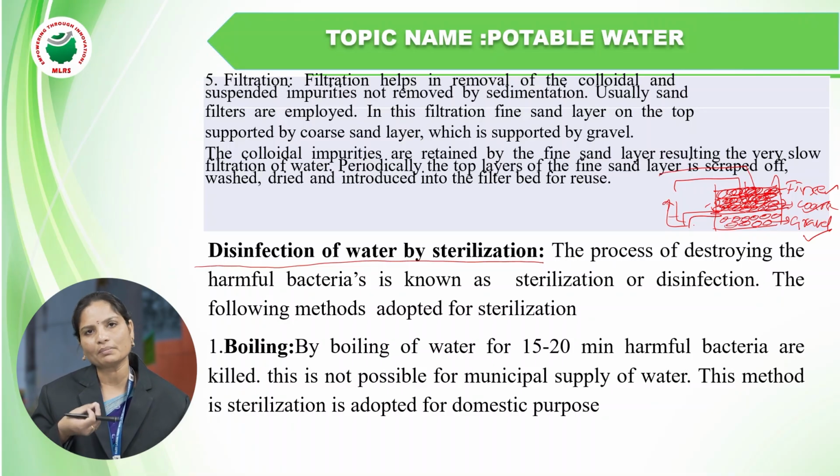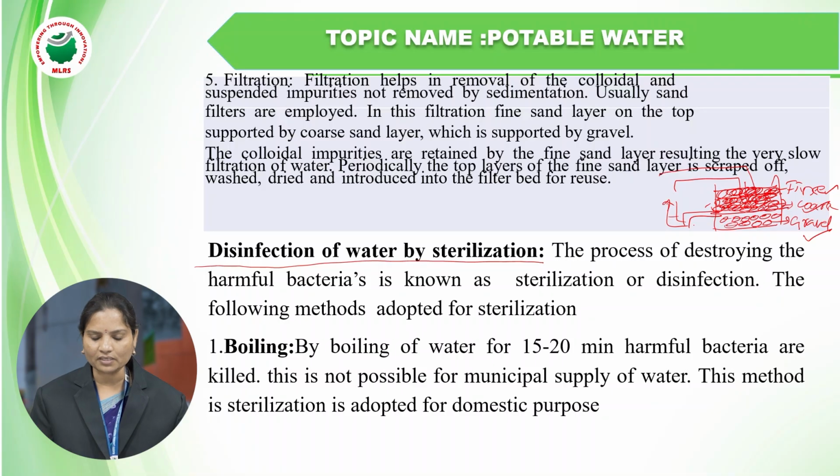The substance or chemical agent is called a disinfectant. Whenever we use the disinfectant, it kills the bacteria in our water. This process is called the disinfection process.